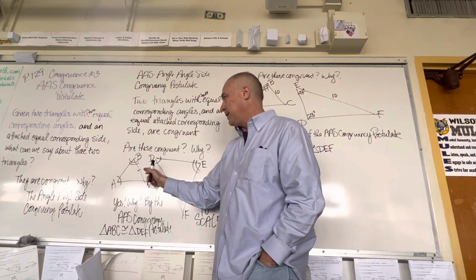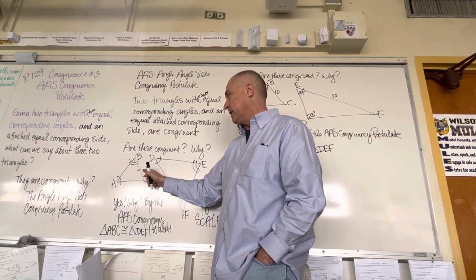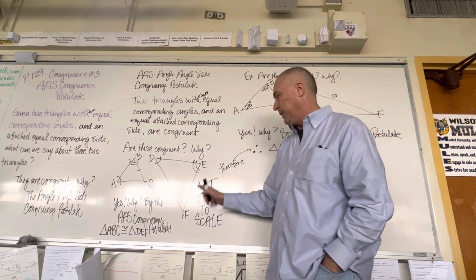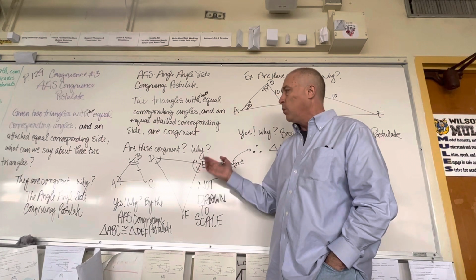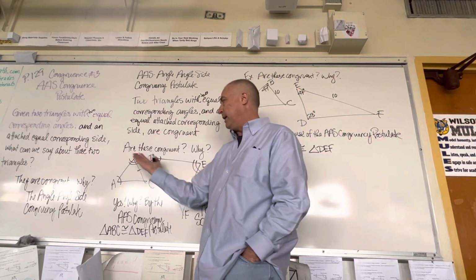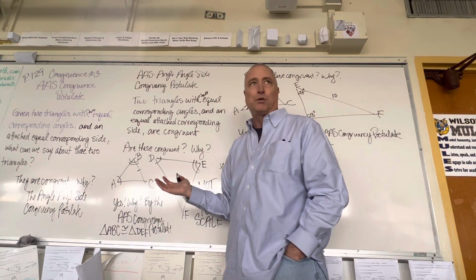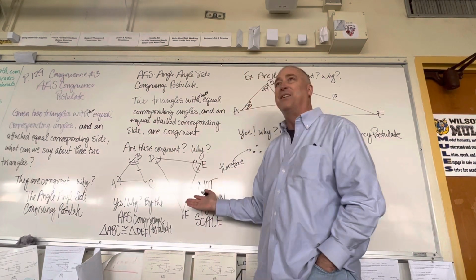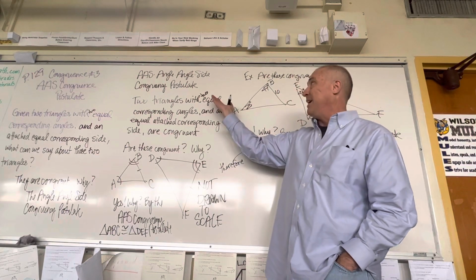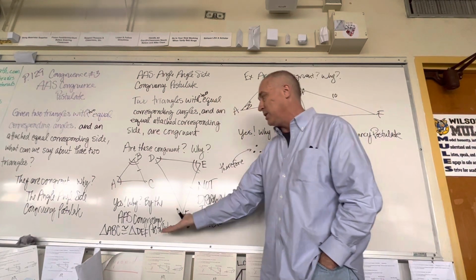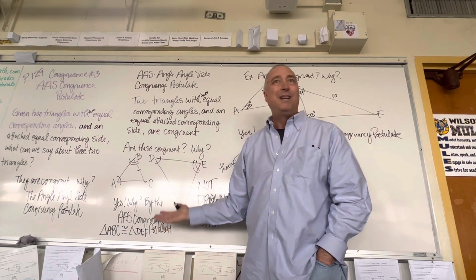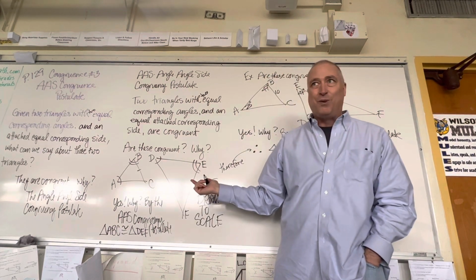Now I move to the side beyond that. It goes AB, and then we look at the side beyond it, one tick mark, and the side beyond these two, one tick mark. We have an angle-side in corresponding locations that matches up with an angle-side of this one, and that fits the angle-side congruency postulate, so they are congruent even though they look completely different sizes, right?